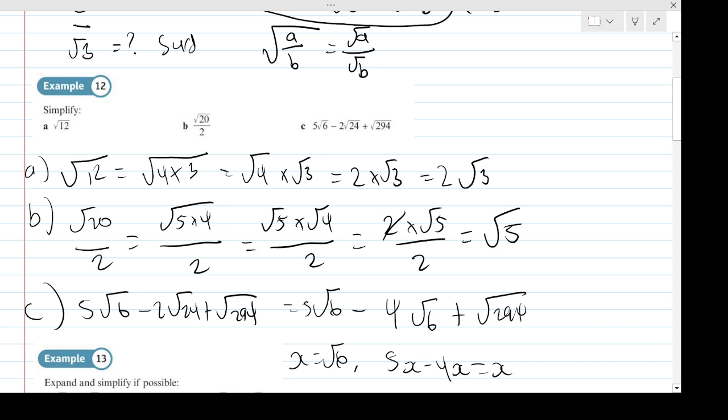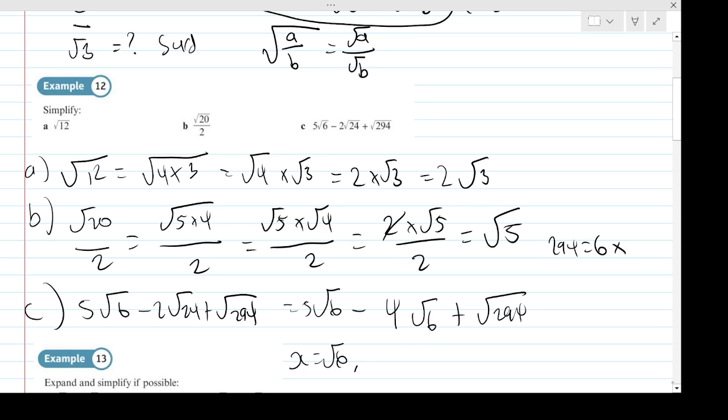So with that in mind, I'm collecting root 6s, so I'm going to need 6 to be a factor of 294. I need 294 to be 6 times another factor. How am I going to work that out? Well, I can just do 294 divided by 6, and this will make sure I get a root 6 as a surd.